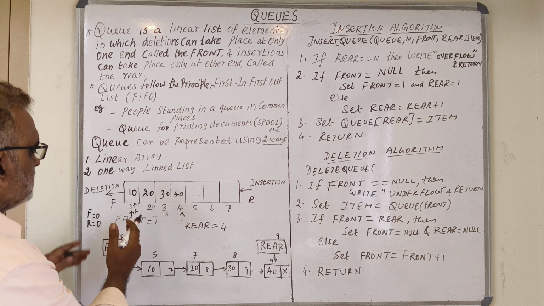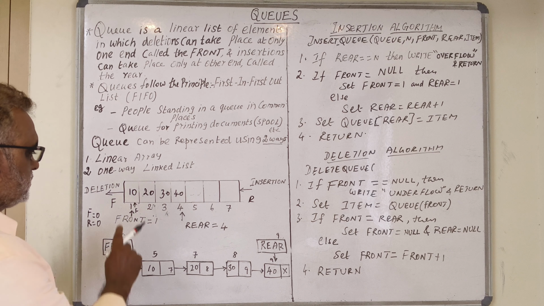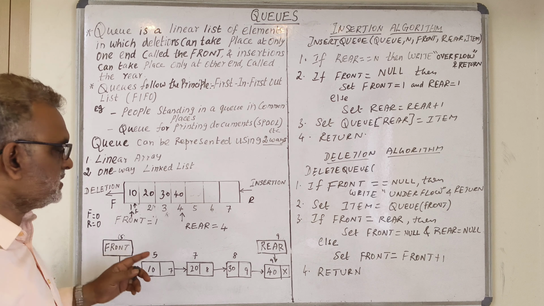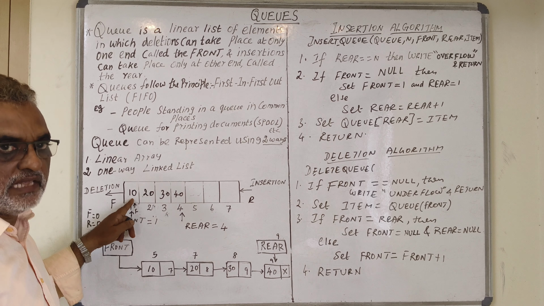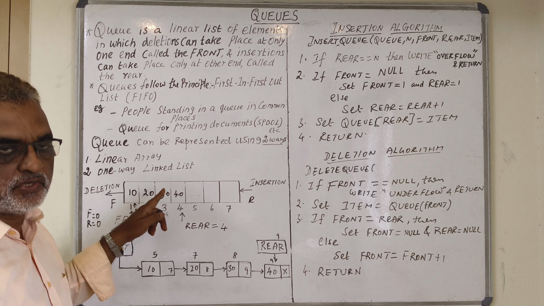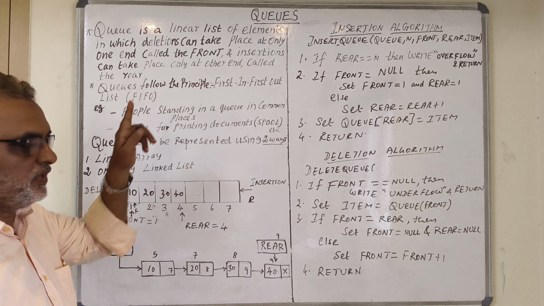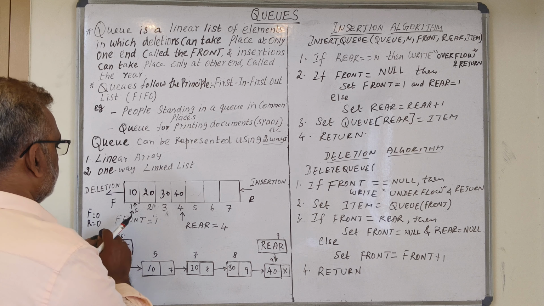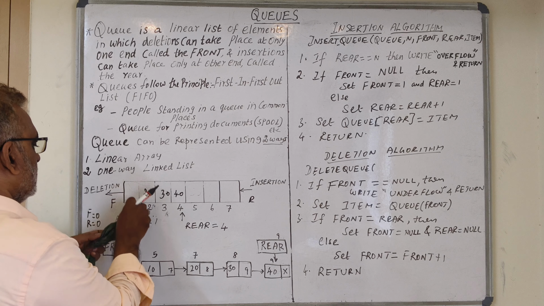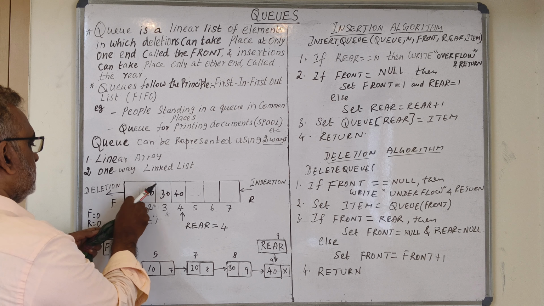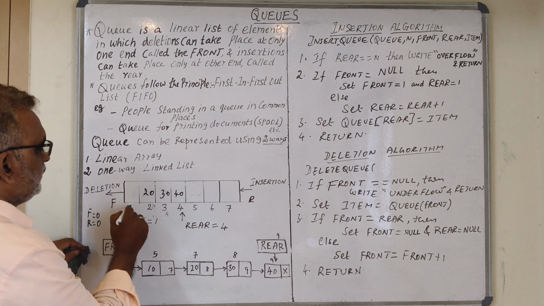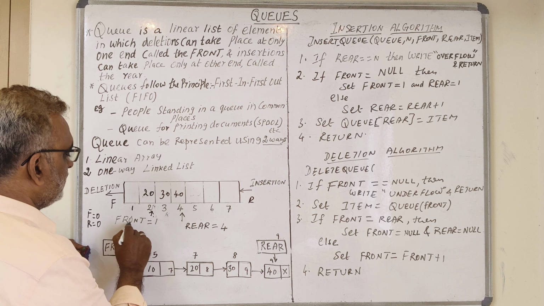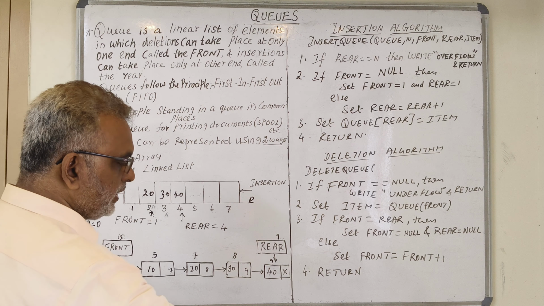Now let us consider deleting the elements. This is the first element which was inserted first, and only that element can be deleted first, which follows the principle called first in, first out. So we delete this element. After deletion, the front value, which was 1, moves to the next location; the front value is incremented by 1.